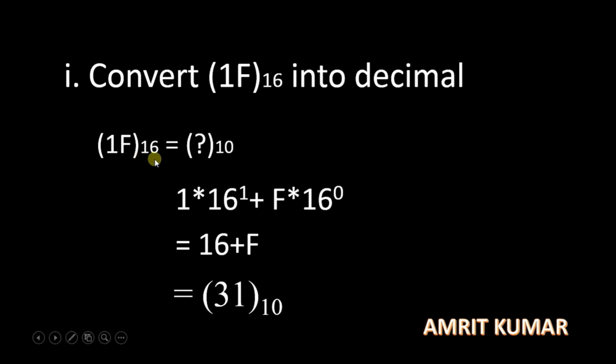You have to multiply the value with the base of the hexadecimal number system, that is 16, with a power. When you want to convert a hexadecimal number system into a decimal number system, you need to perform the following rule: multiply this value with the base 16, and its power is going to be the index of this value.